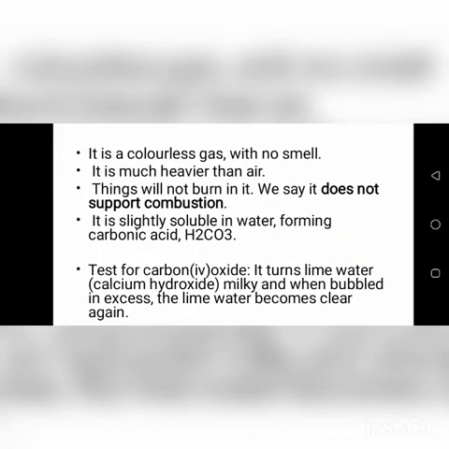It is a colorless gas. It has no smell. It is heavier than air. Things will not burn in it, so we say it does not support combustion. It is slightly soluble in water, forming carbonic acid, trioxocarbonate 4 acid.